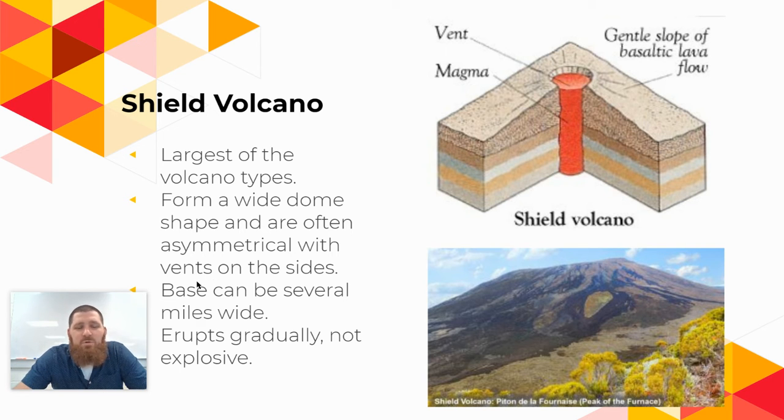They'll often have little vents alongside of them, like the fissure on the previous slide. The bases of these volcanoes can be several miles wide, and they will erupt gradually, not explosively. So they'll have slow eruptions where we'll see lava flowing down the sides. No giant fiery eruptions.